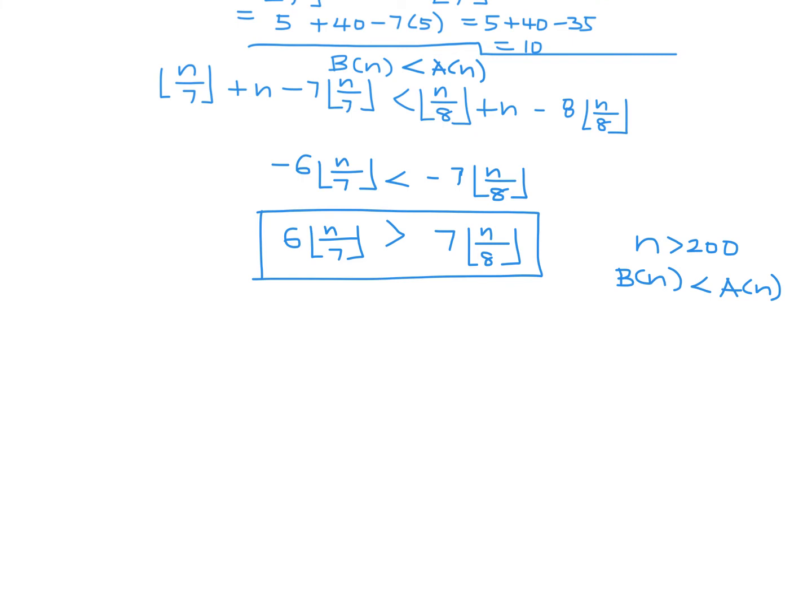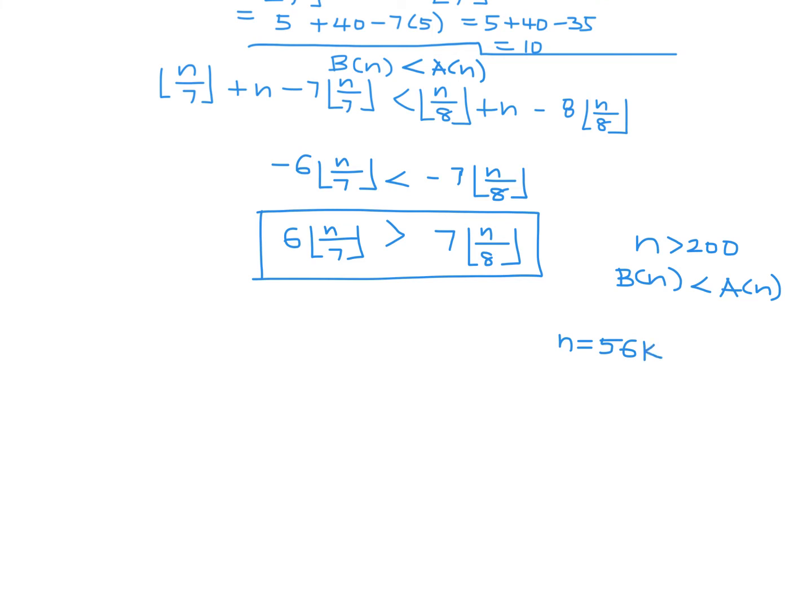I guess you can brainstorm this, but let's think of a system here. n is most likely going to be divisible by 7 and 8, right? It doesn't necessarily need to be, but it is possible. So n is going to be some sort of a multiple of 7 and 8.